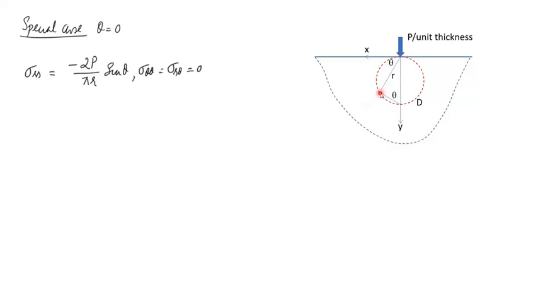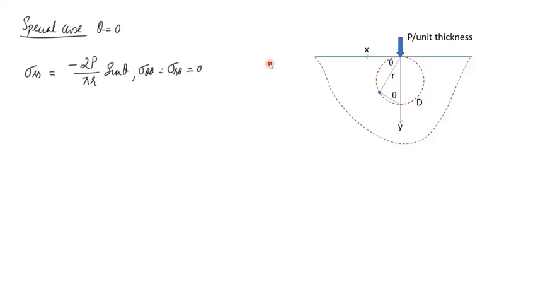Now you connect this point to the circle where it intersects the y-axis. You will immediately notice that r is nothing but d times sine theta, or r by sine theta is d, the diameter of this circle which we have considered passing through this point.